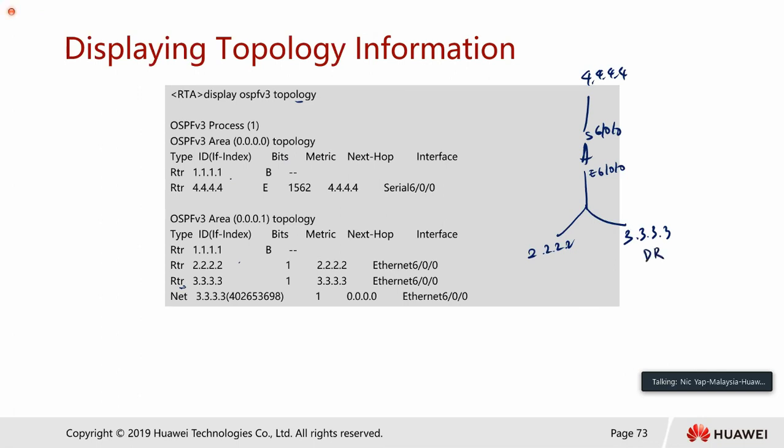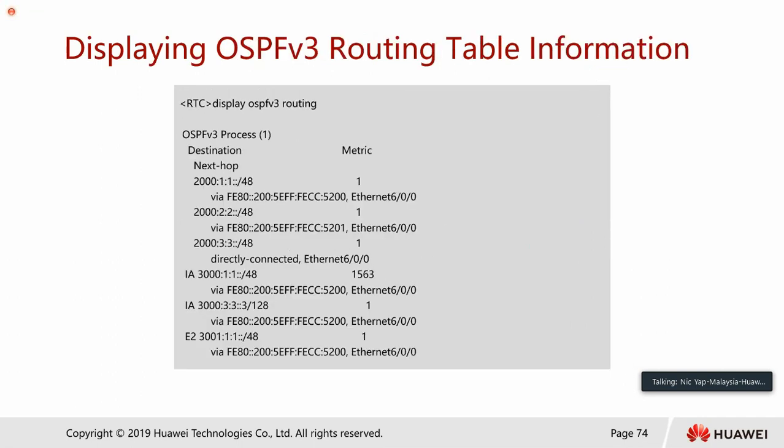This is how you check based on the topology information inside your environment, and also display the ospfv3 routing table. Okay, this is all the OSPF routing information that you can get. So you can see that to go to this destination, you need to use this link local address as a next hop.